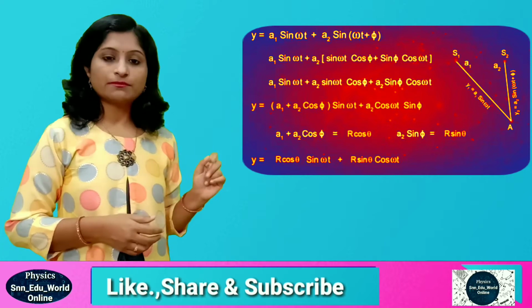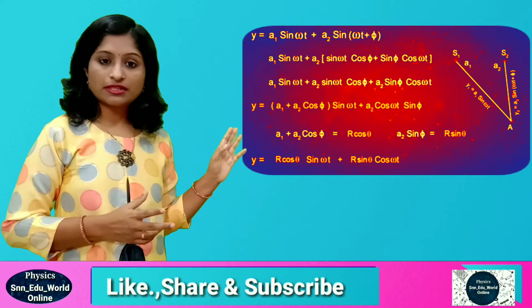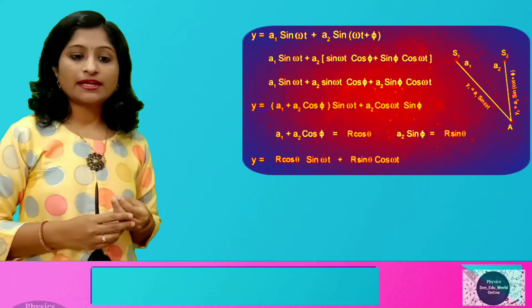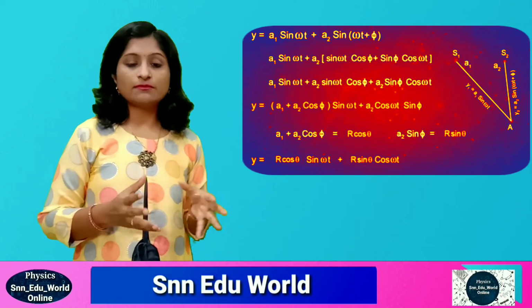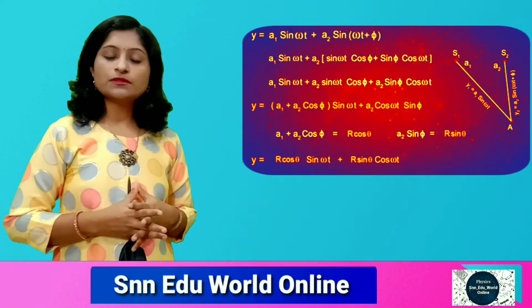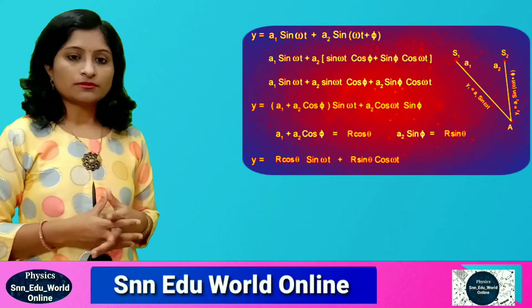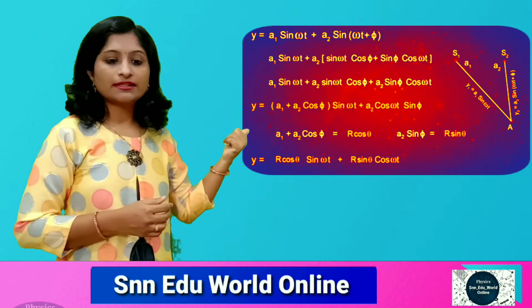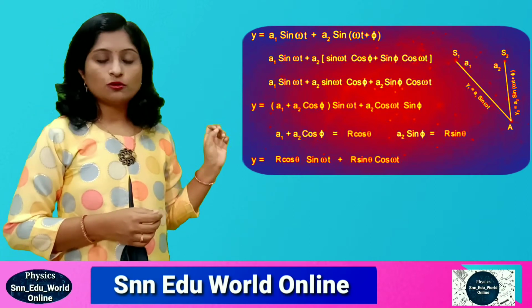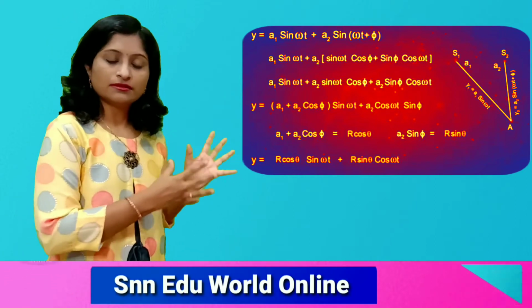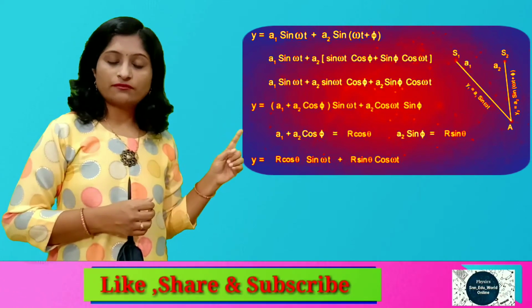Now open this bracket and multiply a2 to each term. The next step is collecting the similar terms together: sin omega t terms together and cos omega t terms together. So we get a1 sin omega t plus a2 sin omega t cos phi together, and the next term is a2 sin phi cos omega t.